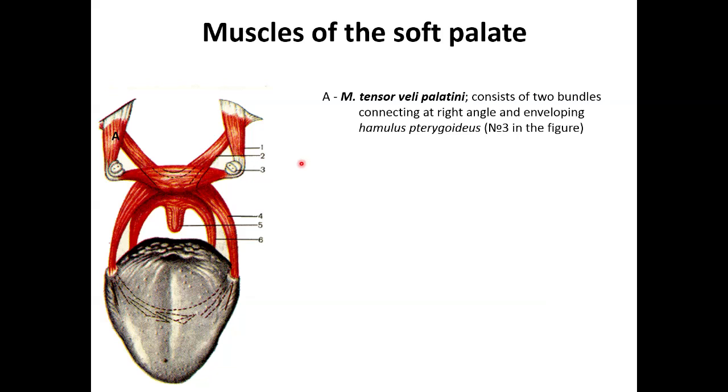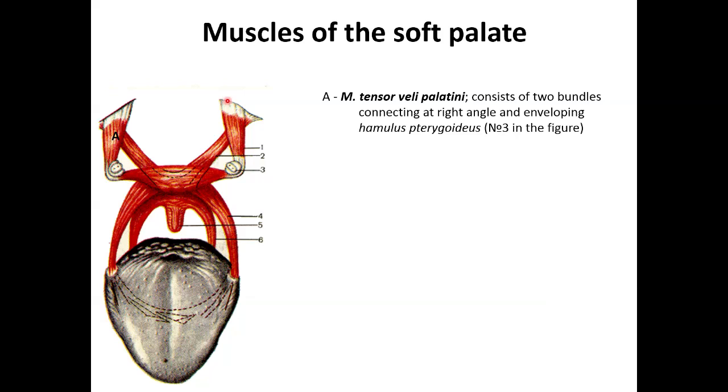musculus tensor veli palatini. We can say that this muscle consists of 2 muscular bundles, which are connecting at right angle and enveloping hamulus pterygoidus, number 3.